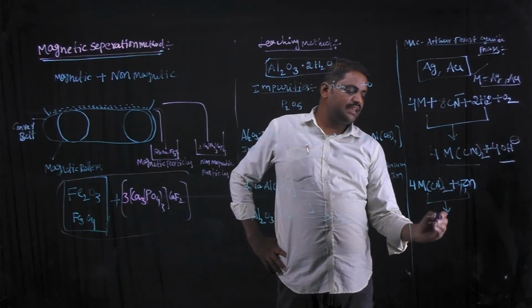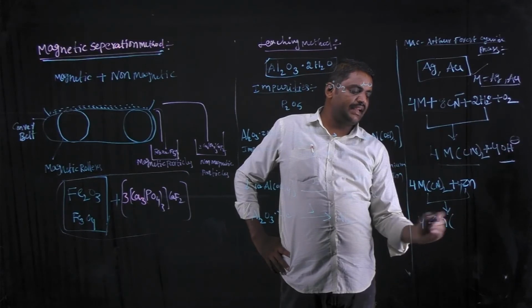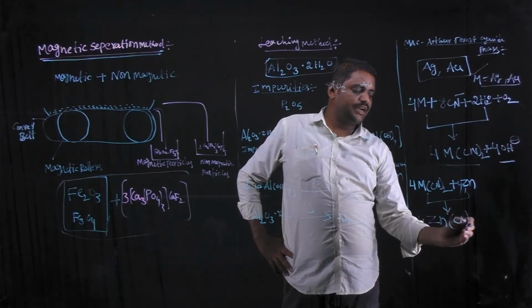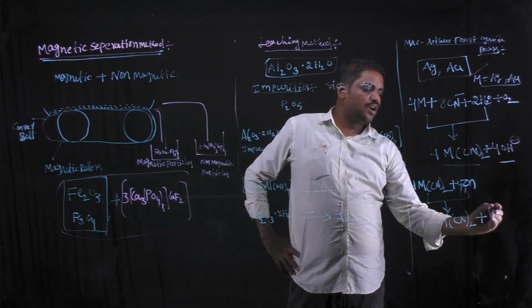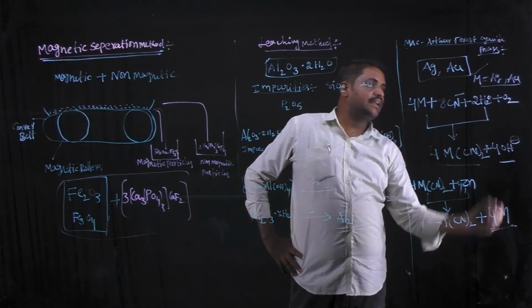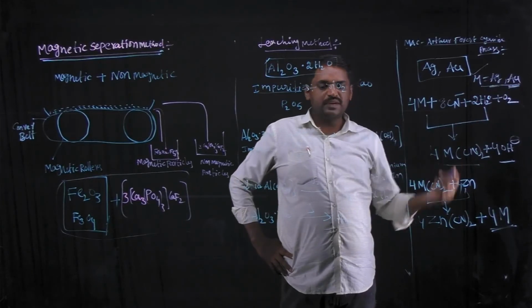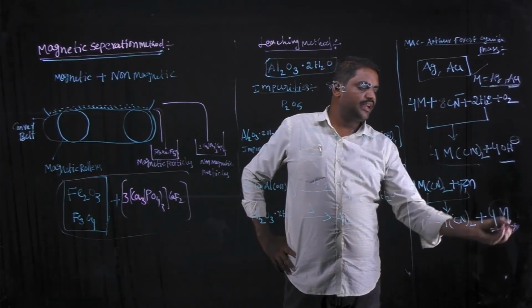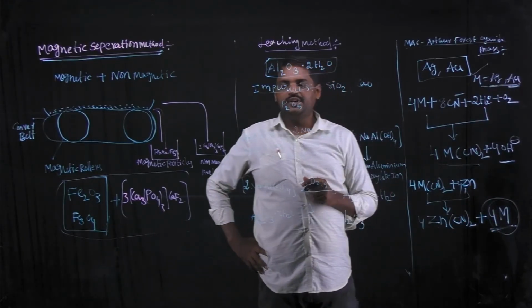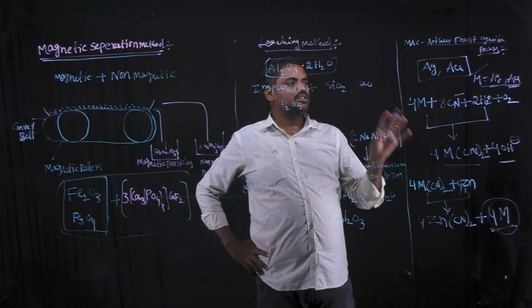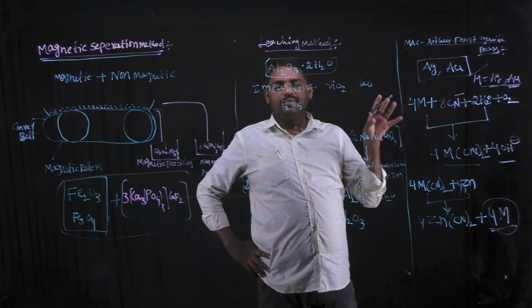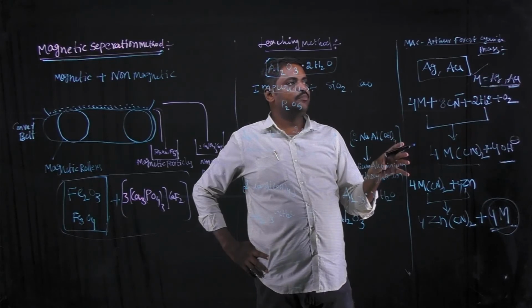So zinc binds with cyanide ions, and the pure metals, gold and silver, are eliminated. So this is the explanation for the MacArthur Forest cyanide process.